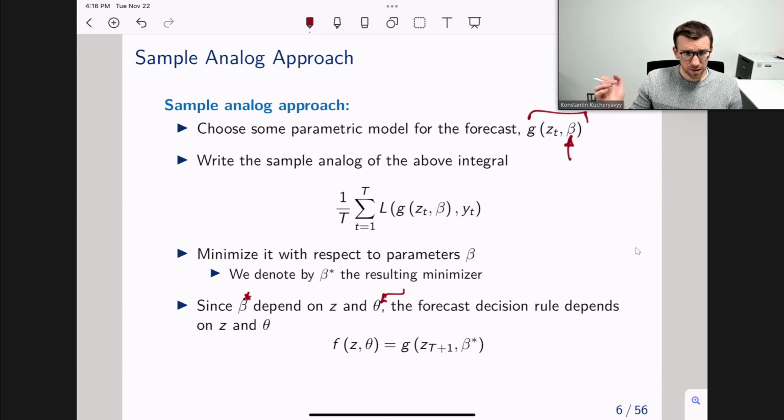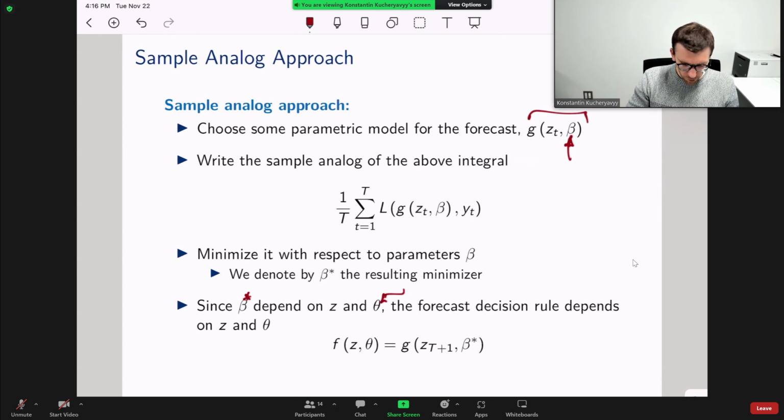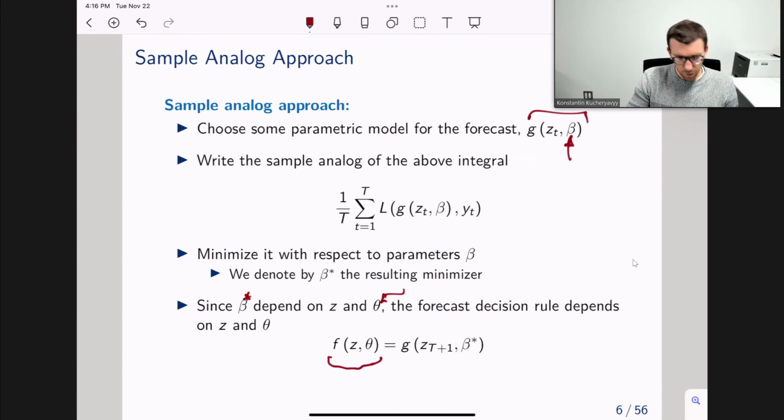And so we can write our forecast decision rule, given our data and parameter theta, as this, where z_{t+1} is the new observation that we base our forecast on for the outcome.